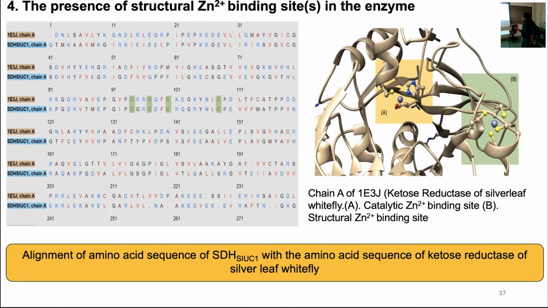So we did an alignment of our amino acid sequence from SDH-SiUC1 to the amino acid sequence of ketose reductase. We observed that there are some conserved regions that can act as a structural zinc binding site in both enzymes.